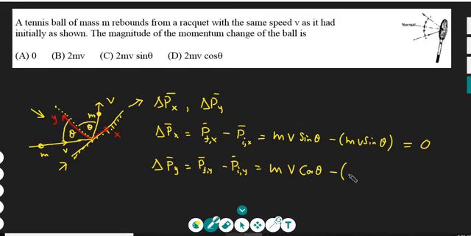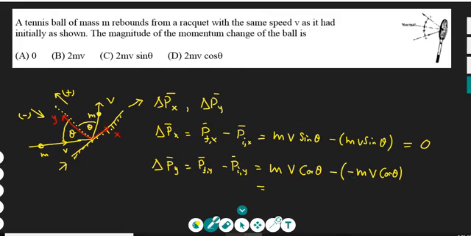So as a result, I need to put a negative sign, because if we consider this as our positive direction, then this has to be our negative direction. So I'll have mv cosine theta, and that means the minus and the minus multiply and become plus.